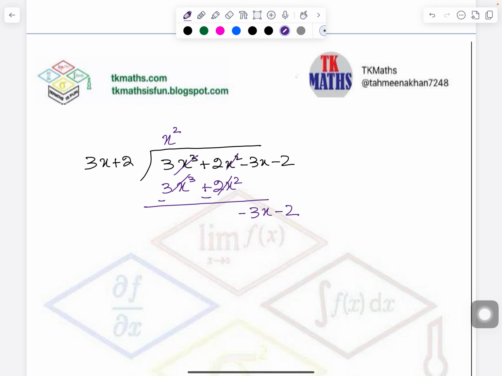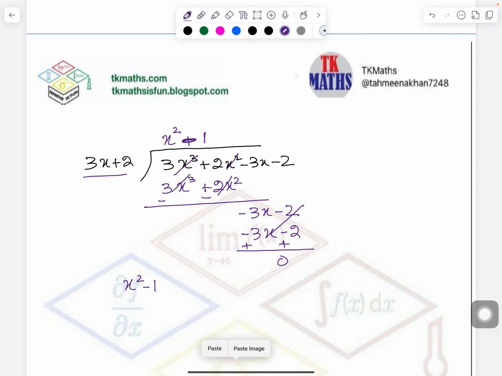So after that, 3x multiplied by minus 1 will give me minus 3x, and plus 2 multiplied by minus 1 will give you minus 2. Subtract, sign will change, and you will get 0 remainder. It means your other factor is x square minus 1, and this factor was already given to you.